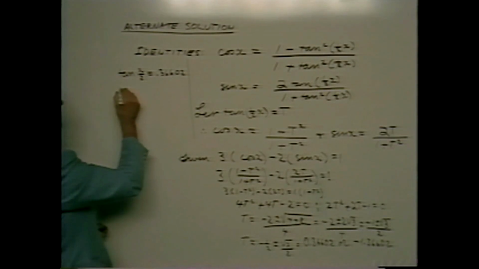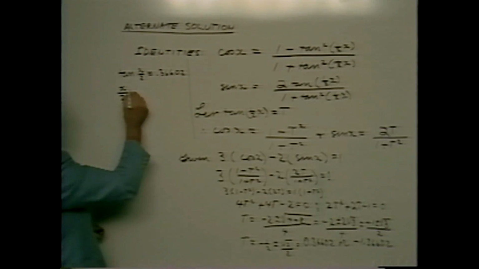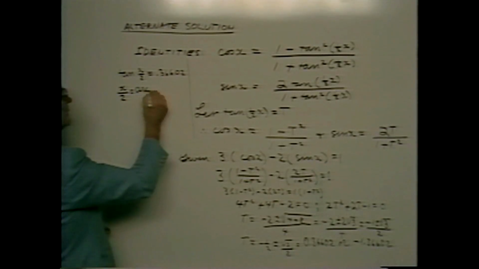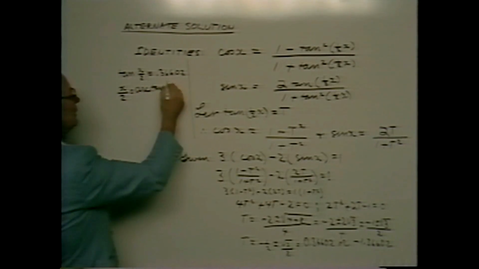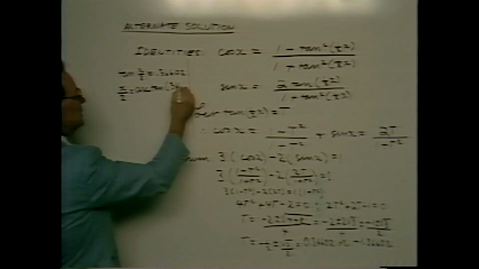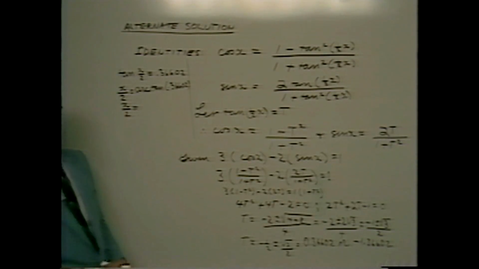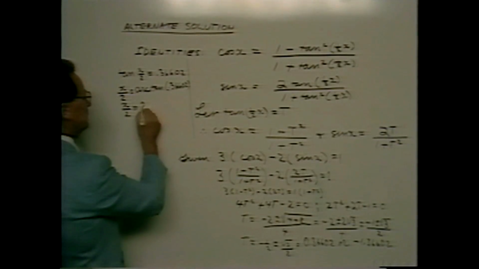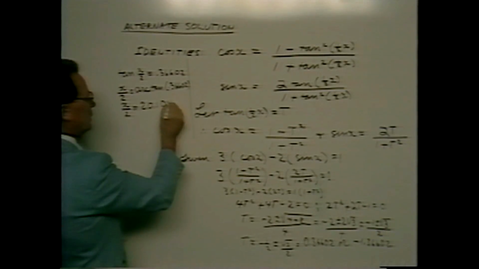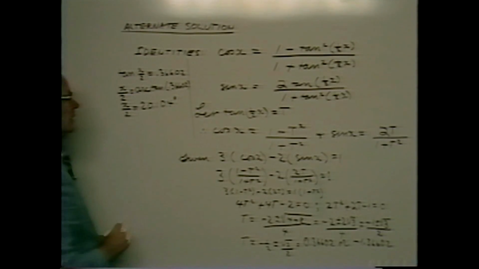If you determine x over 2, which is the arctan of decimal 0.36602, we find that x over 2 is equal to the angle 20.104 degrees. You might try that on your calculator.